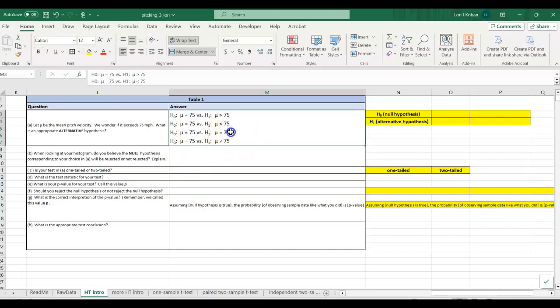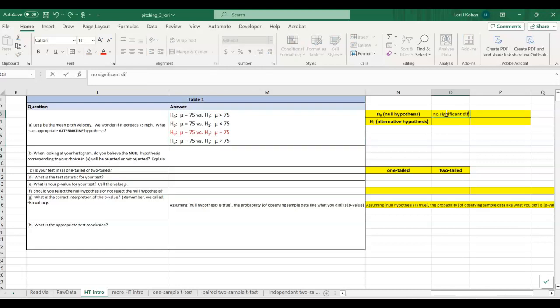Or do we think it's greater than, less than, or which one is it? Now, this is not a possibility at all because equal to is in the null hypothesis. So the null hypothesis is a statement of no significant difference. So I think that the mean is not any different than 75. The alternative hypothesis is a statement of significant difference.